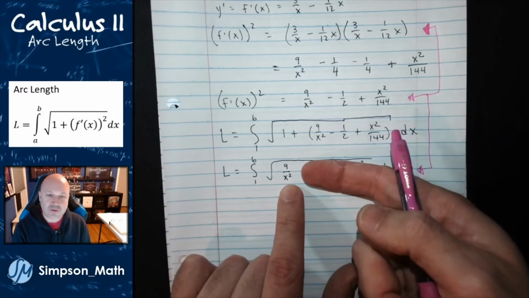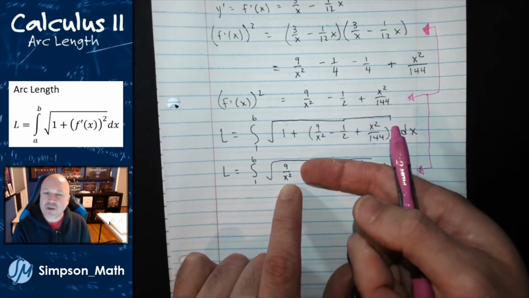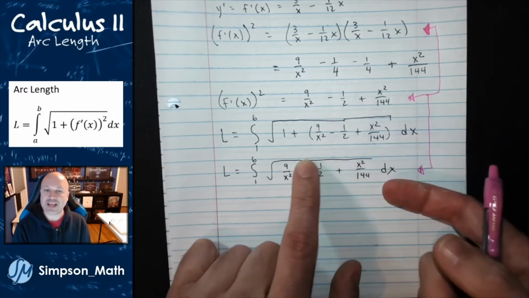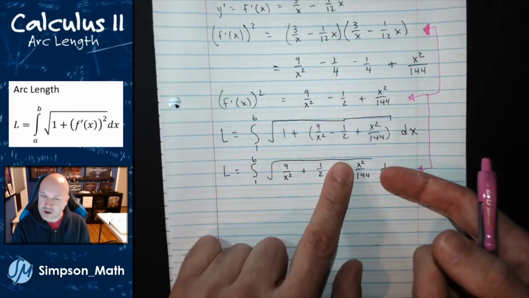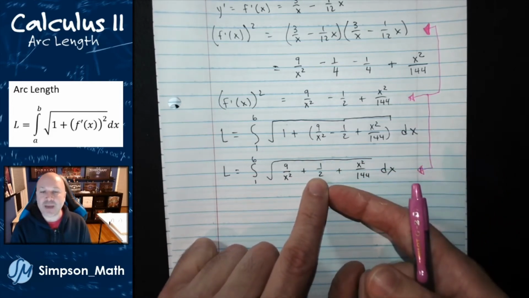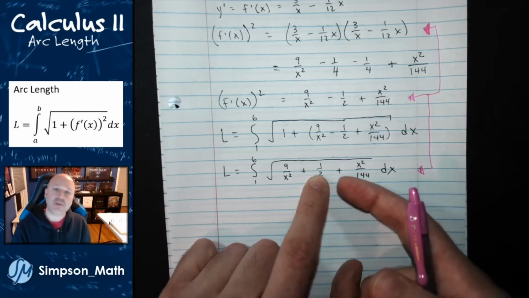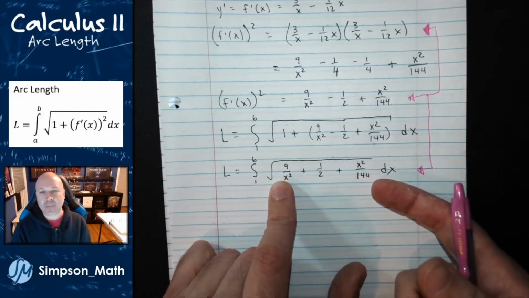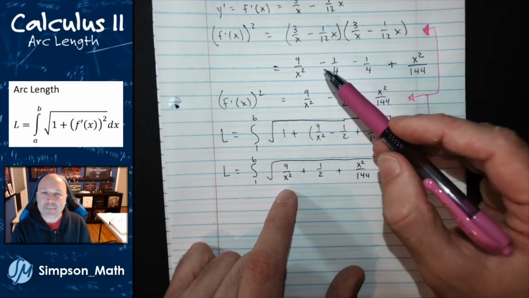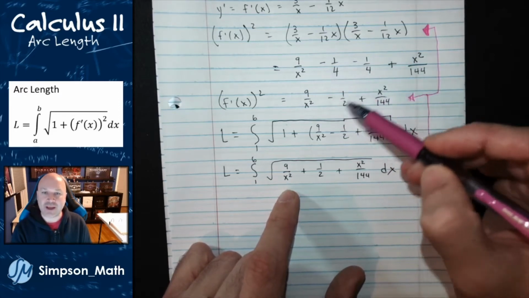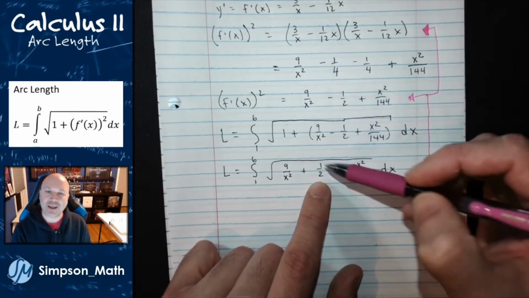This is still a trinomial. The first term is 3 over x squared. The last term is x over 12 squared. And that middle term happens to be double their product. But instead of a minus 1/4 or minus 1/2, we have a plus 1/2.